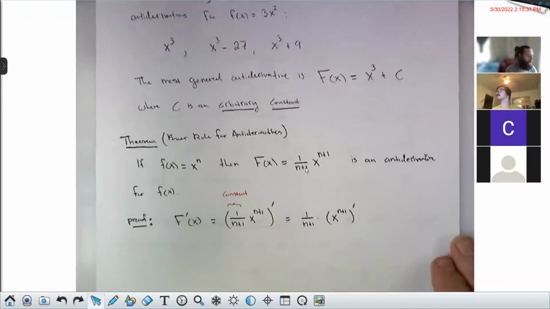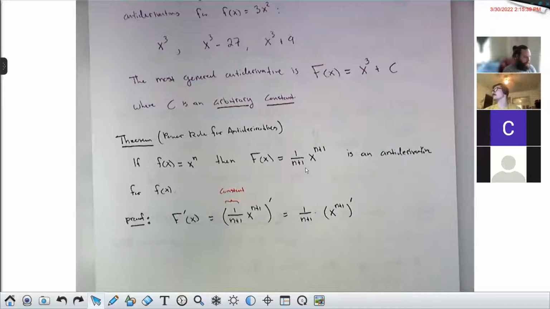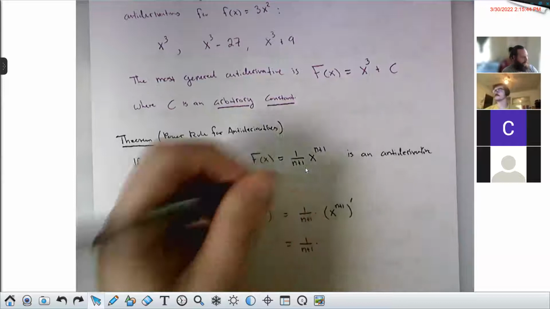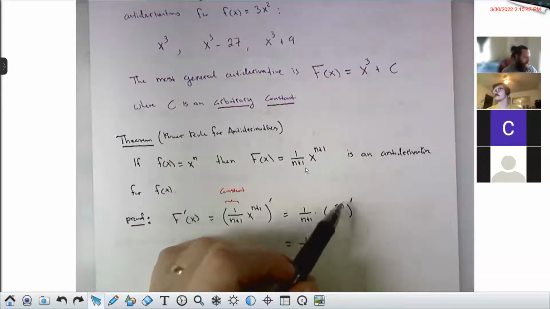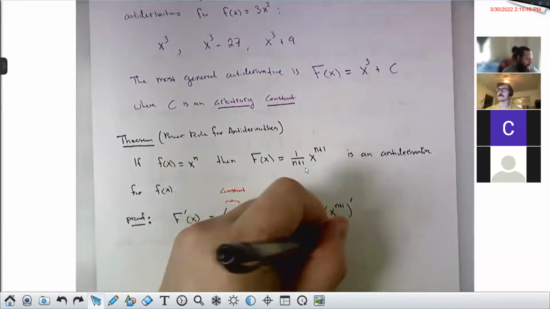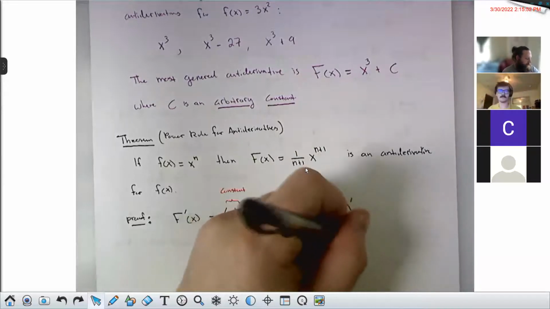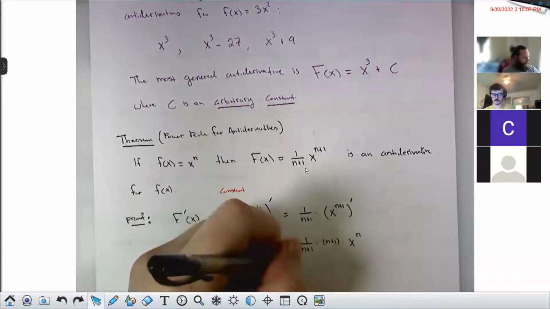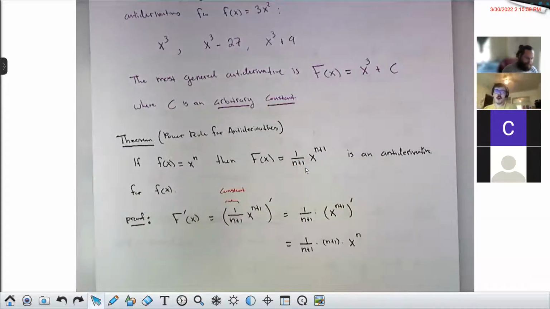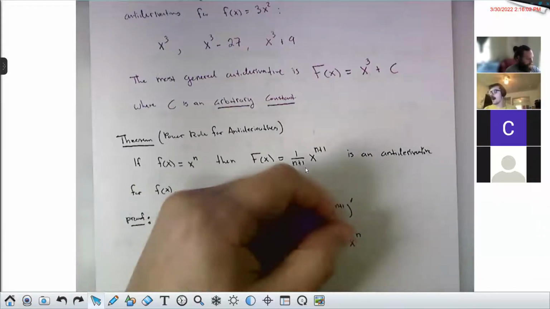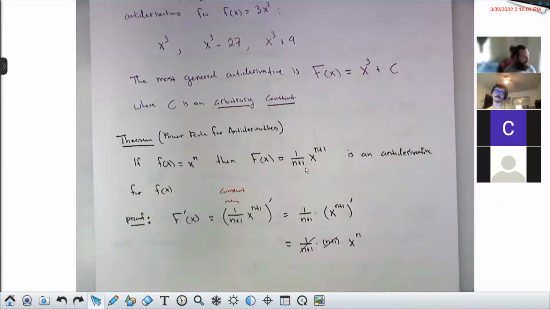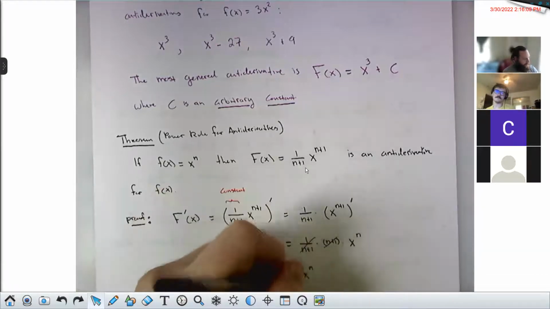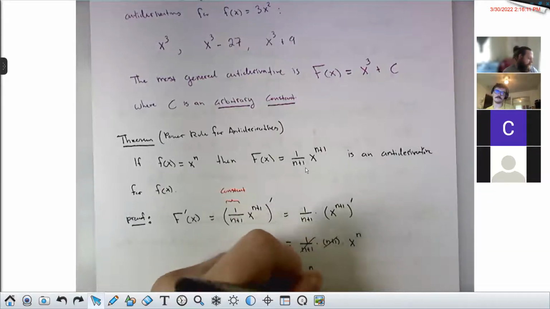By the regular power rule, the power rule for forward derivatives, the 1 over n plus 1 just hangs out. The derivative of x to the n plus 1 is n plus 1 times x to the n plus 1 minus 1, which is just x to the n. And then these two cancel, and we just get our x to the n, which is little f.